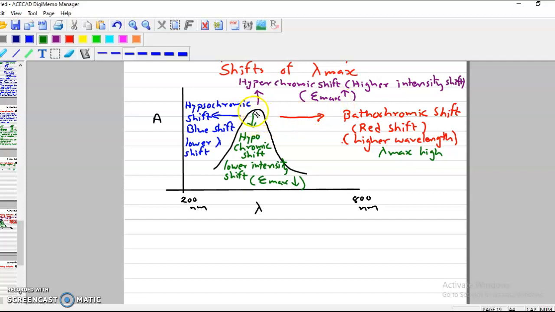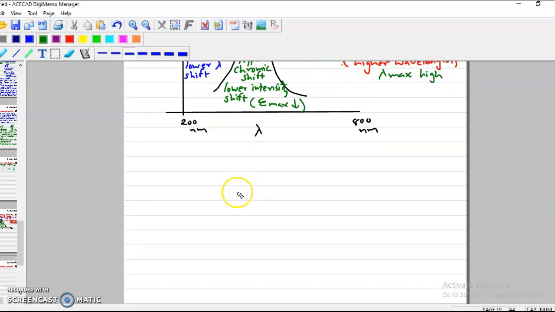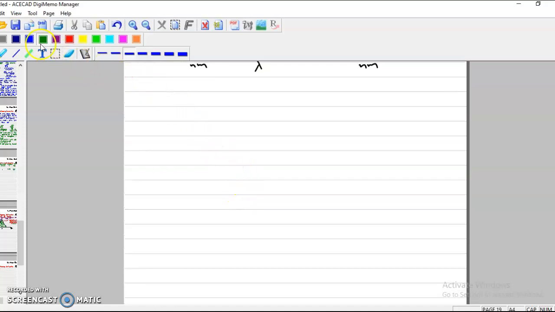The fourth one is where the height of the graph decreases, and in that case absorbance also decreases, which is known as hypochromic shift or lower intensity shift, in which epsilon maxima will be low. Normally, along with bathochromic shift you will observe hyperchromic shift, and along with hypsochromic shift you will observe hypochromic shift. So now let us take each one individually.